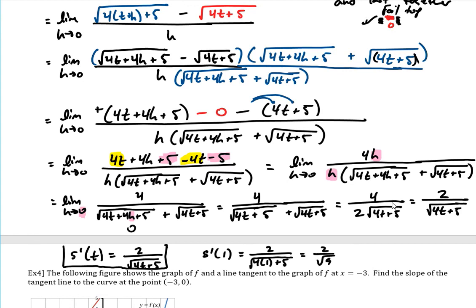So we have 2 over the square root of 9. And the square root of 9 is 3, so the answer is 2/3. There we go. So that's that derivative answer right there, which would represent the slope at that t value of 1. So that's the instantaneous rate of change of our function at t equals 1.